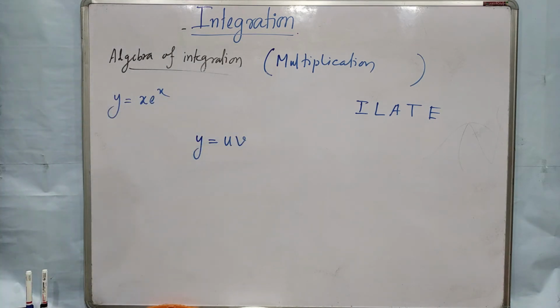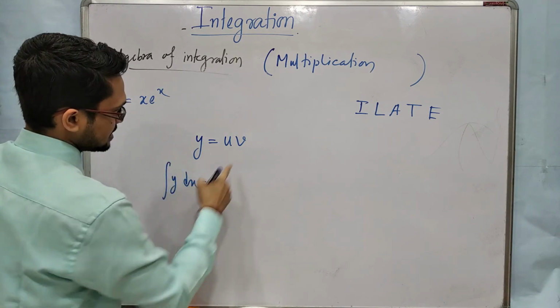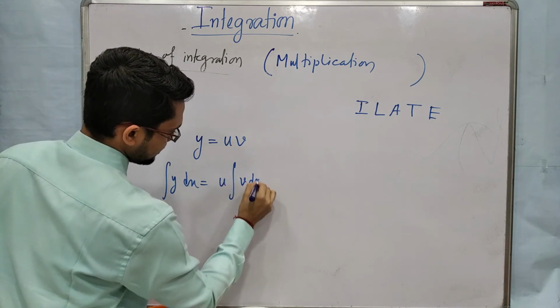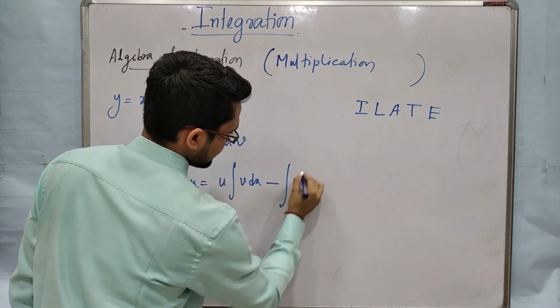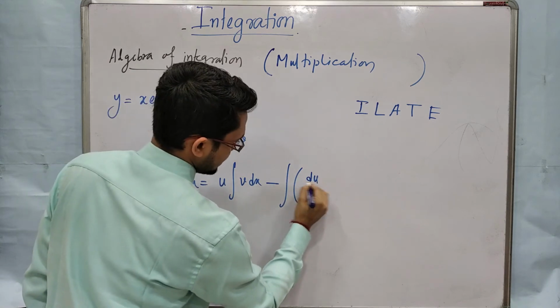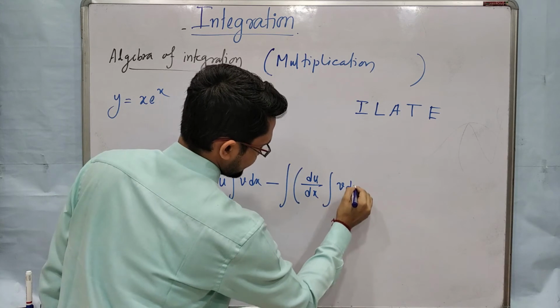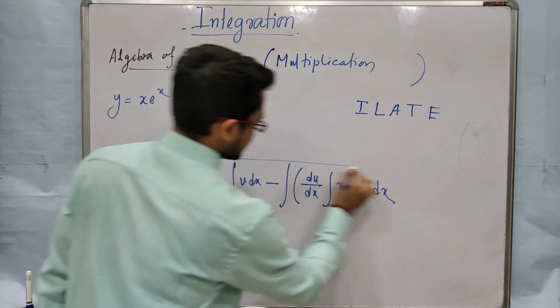Okay, in general uv, and integration of y dx will be: one function will come out, then integration of the second function, then minus, then integration, bracket, derivative of the first one du by dx, then integration of v dx, then at the end again dx. So this is the general rule.